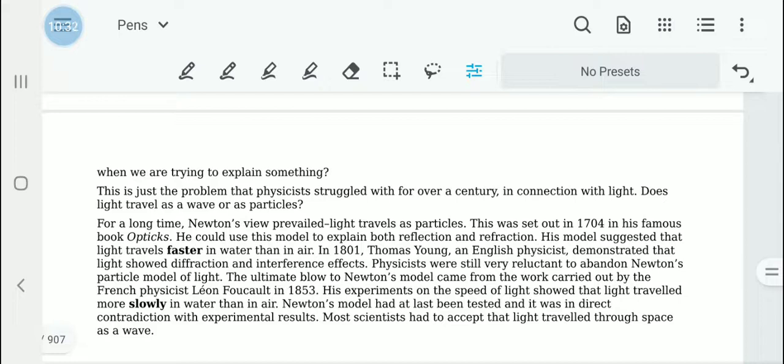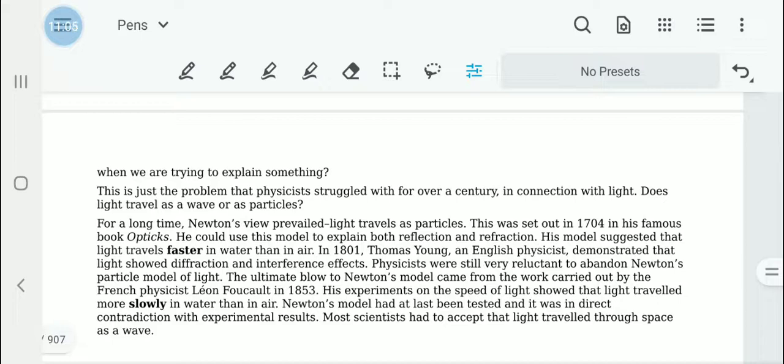Then in 1801, Thomas Young showed that diffraction and interference also are part of light. As a result, we know that particles can show reflection and refraction. So that was accepted. But when Thomas Young explained that it can also diffract and interfere, then we realized that there was a wave effect on this as well.